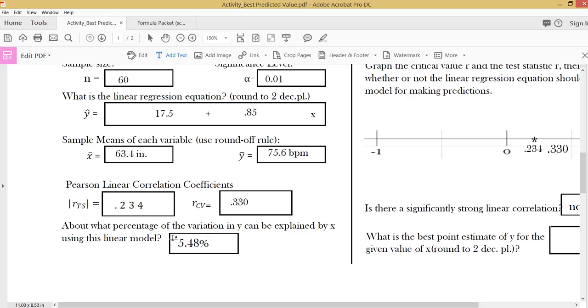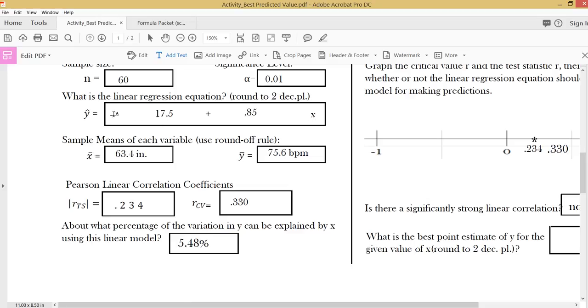All right, so I'll read that again. About what percentage of the variation in a woman's pulse rate in beats per minute can be explained by her height in inches using this linear model? What linear model, do you ask? This linear model. This equation is a model. It's a model for a woman's pulse rate based on her height.